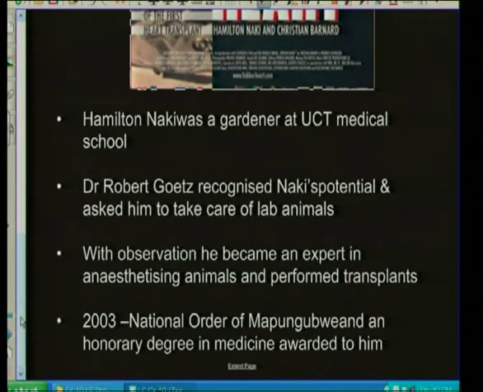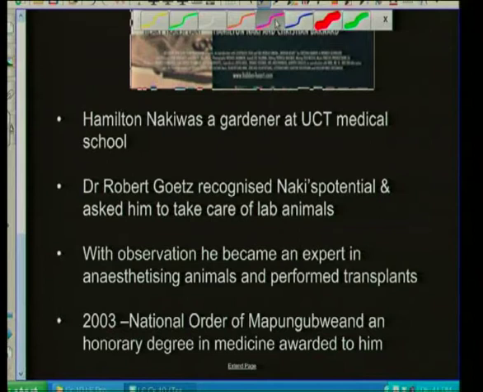With observation, watching people working, he became an expert in animals and performed transplants on these animals. In 2003, the National Order of Mapungubwe was bestowed upon Hamilton Naki. It's an honorary degree, given to him because of his contributions to this.